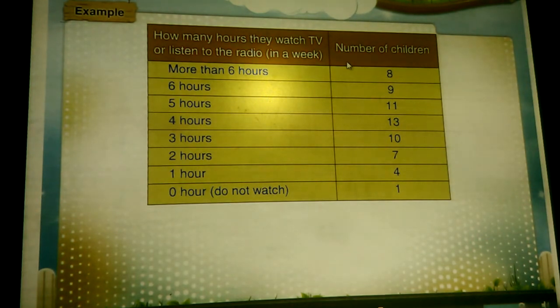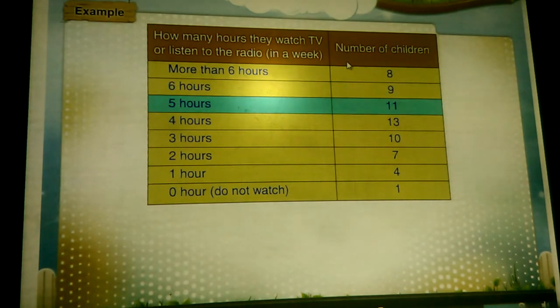In a week, watching TV or listening to the radio for more than 6 hours, the number of children is 8. The number of children watching TV or listening to the radio for 6 hours in a week is 9.